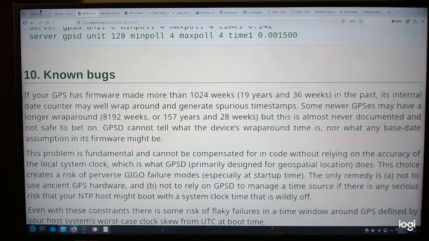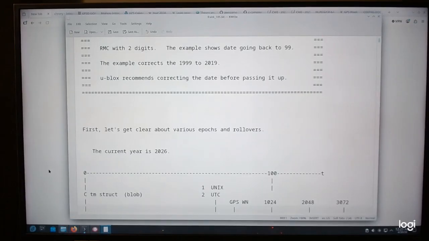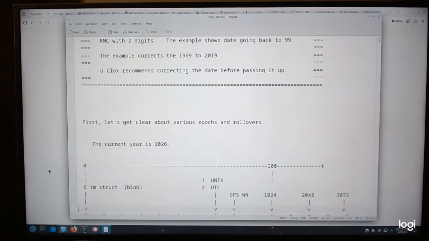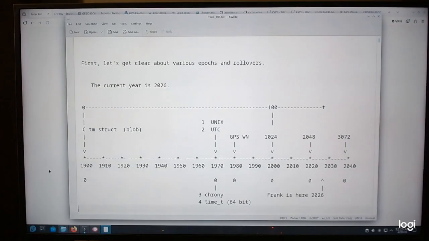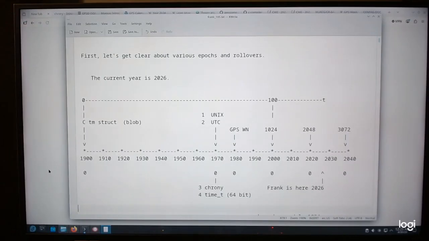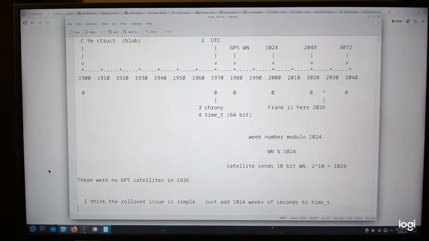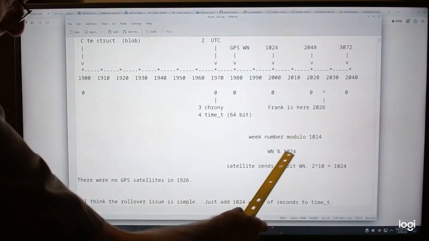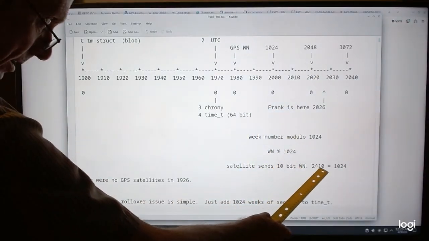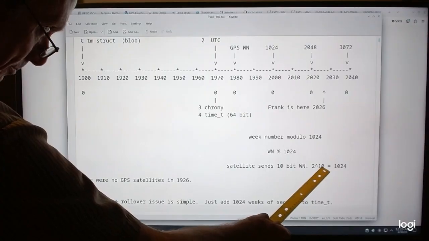Let me get back to my notes right here. I wanted to bring that to your attention because now that I'm retired, I can look at it and kind of figure out what the issues are. Yeah, so these week numbers, the modulo 1024, that satellite, it only sends up 10 bits.